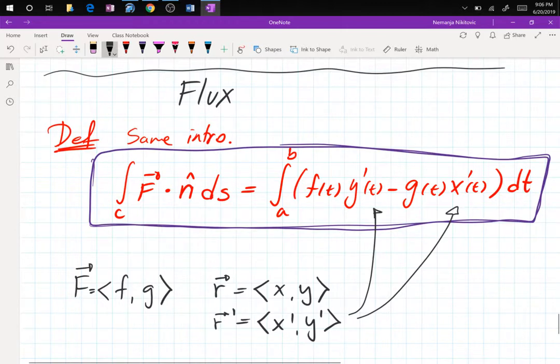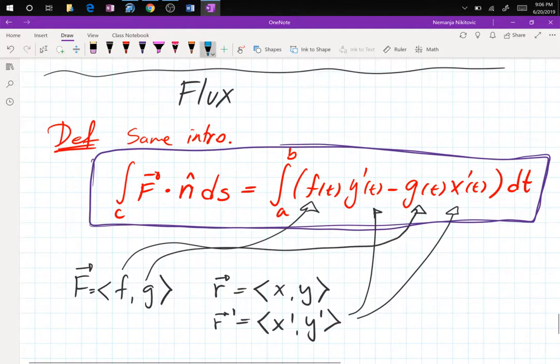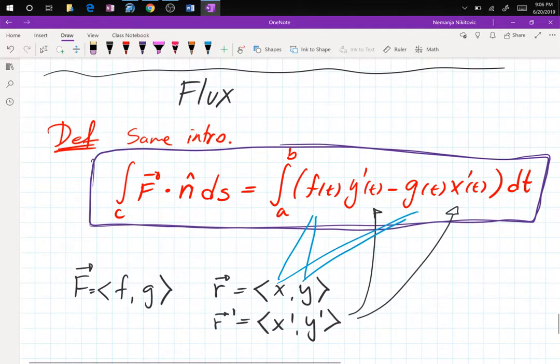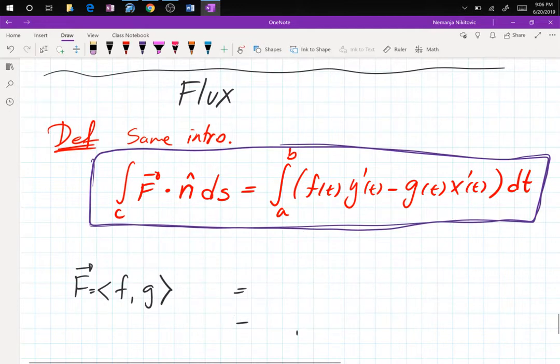And you have your F and you have your G, but you have to support those F and G with X and Y, because you are not allowed to have X and Y stay. Right? It has to be in terms of T. So you have to replace all of those. Calculation is identical.